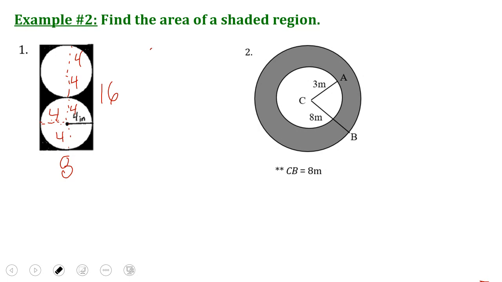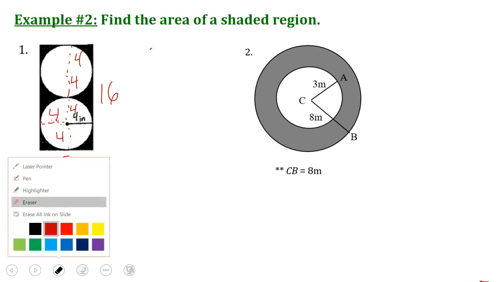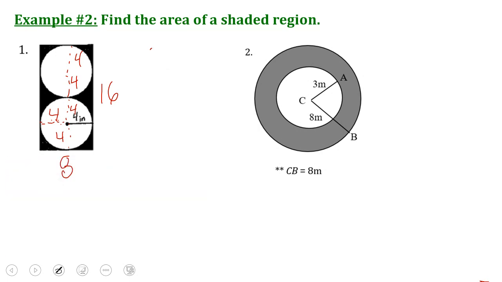Yep. This is the good life. Here we go. 8 times 16 equals 128. And then we're going to subtract whatever the circles are added up.